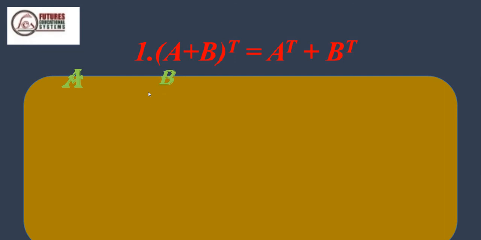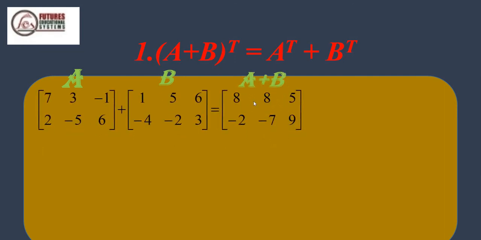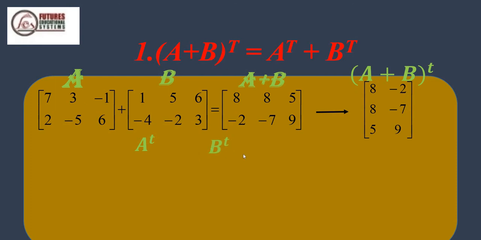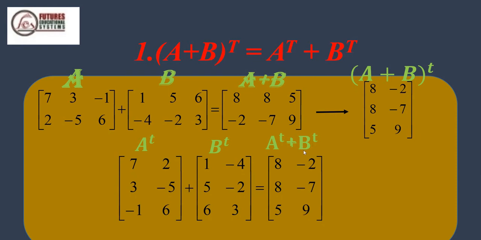If we have matrix A and matrix B and add them, the result is A plus B. The same if we transpose, converting the first row to the first column and the second row to the second column: A transpose plus B transpose equals the same result.